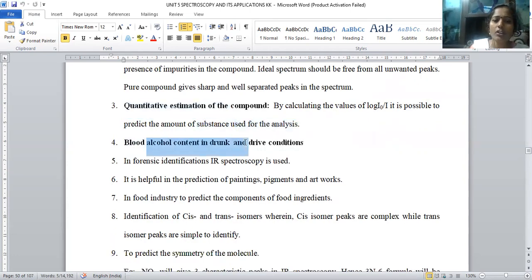Next is blood alcohol level. While driving, whether any person has consumed alcohol or not can be easily detected by infrared spectroscopy. Drunk and drive cases can be easily handled by infrared spectroscopy.